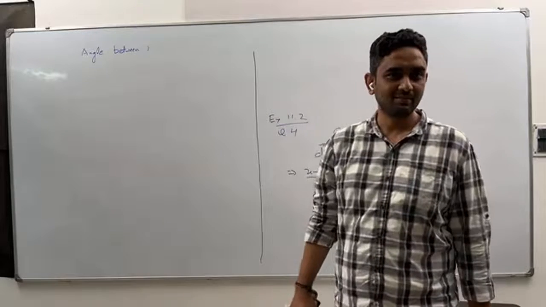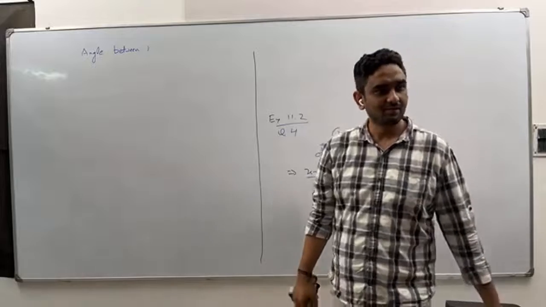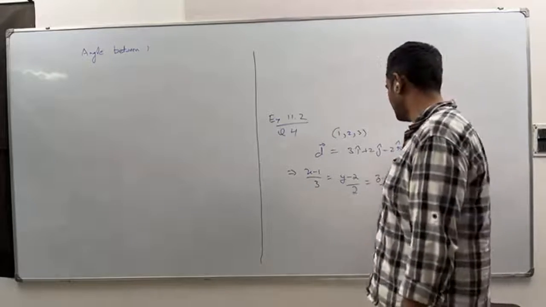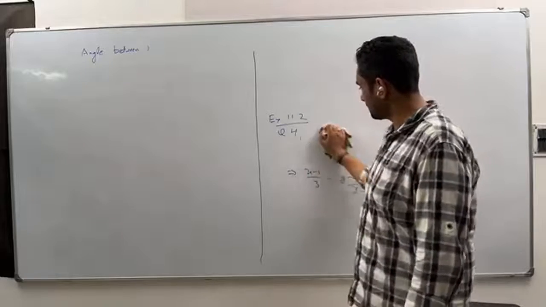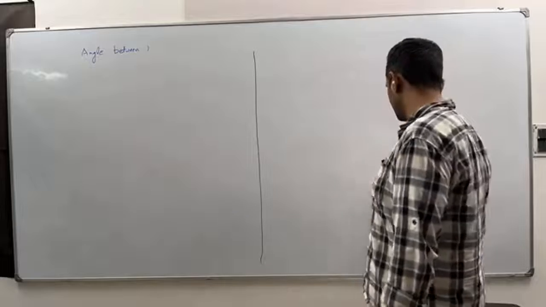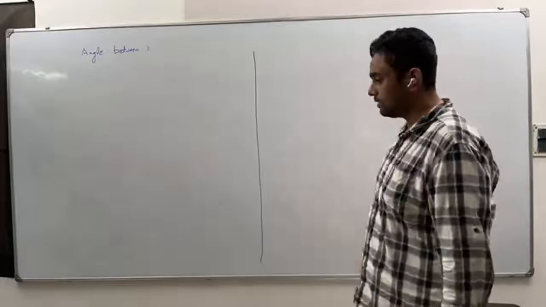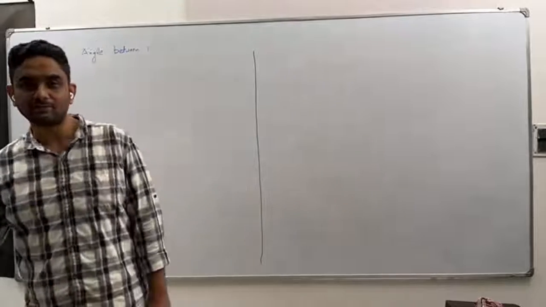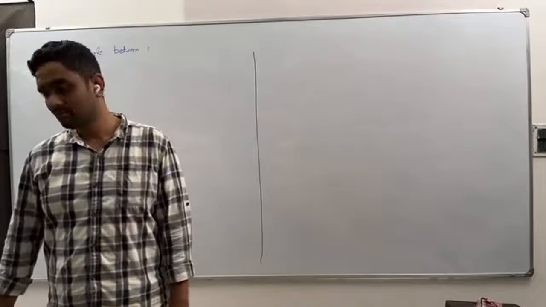Angle is not there. The direct formula is very simple. Angle is very simple. That is why removing angle is of no use. They should have removed shortest distance between the two lines.